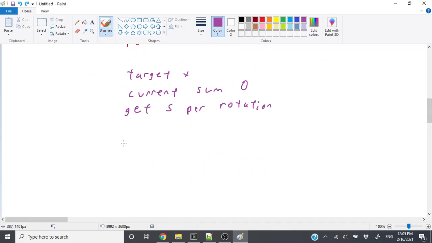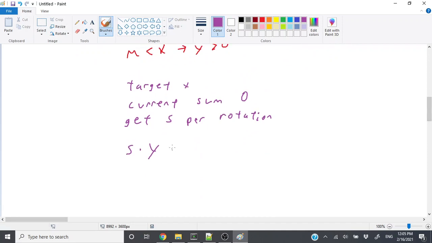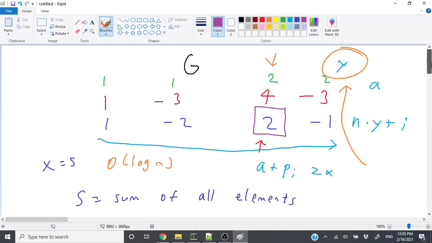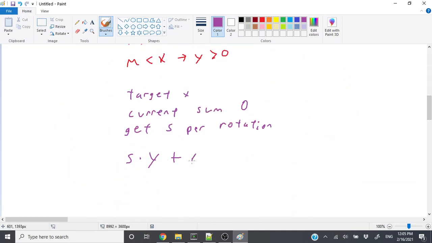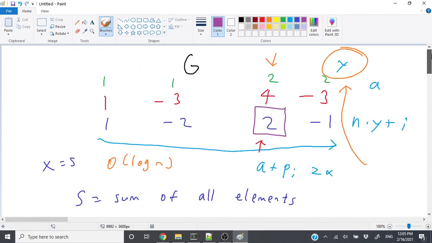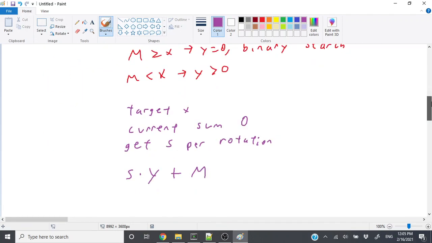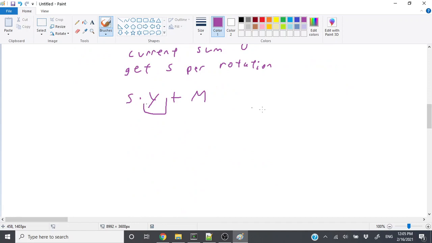The amount we get from doing the rotations is s times y, the number of rotations we do. And then we're also interested in the maximum prefix sum, so add m to that, because we want to get it after y rotations. So if s times y plus m is greater than or equal to x, we're done.